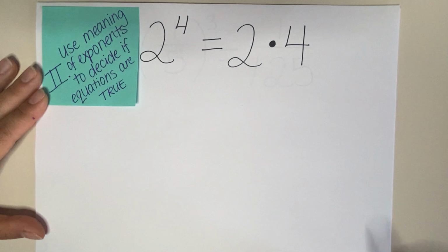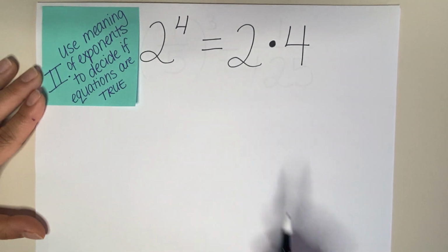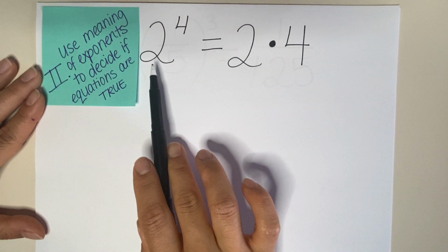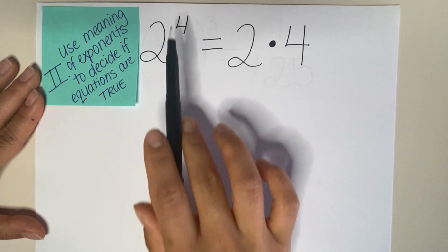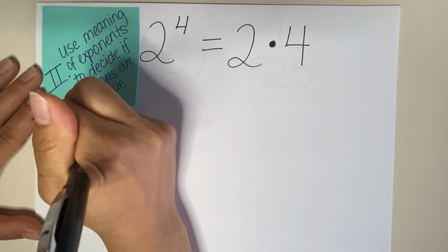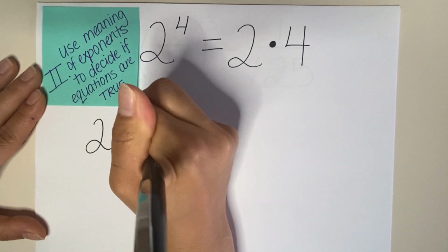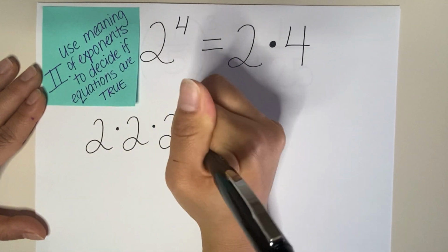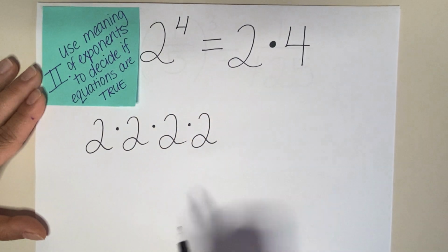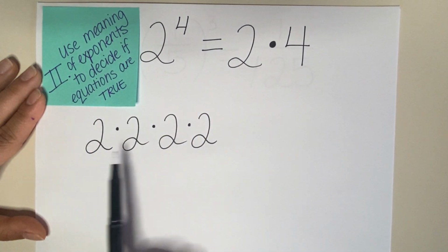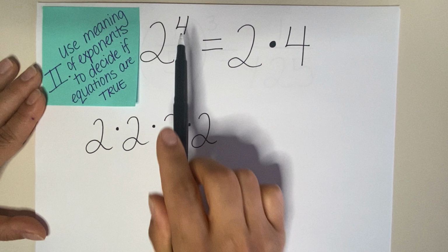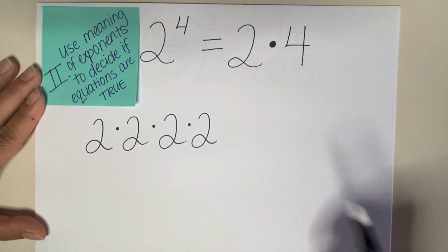So with 2 to the 4th power, that's saying I need to multiply the base 2 by itself 4 times. So we have 2 times 2 times 2 times 2. So I just multiplied the base 2 by itself 4 times because that's what the exponent told me to do.